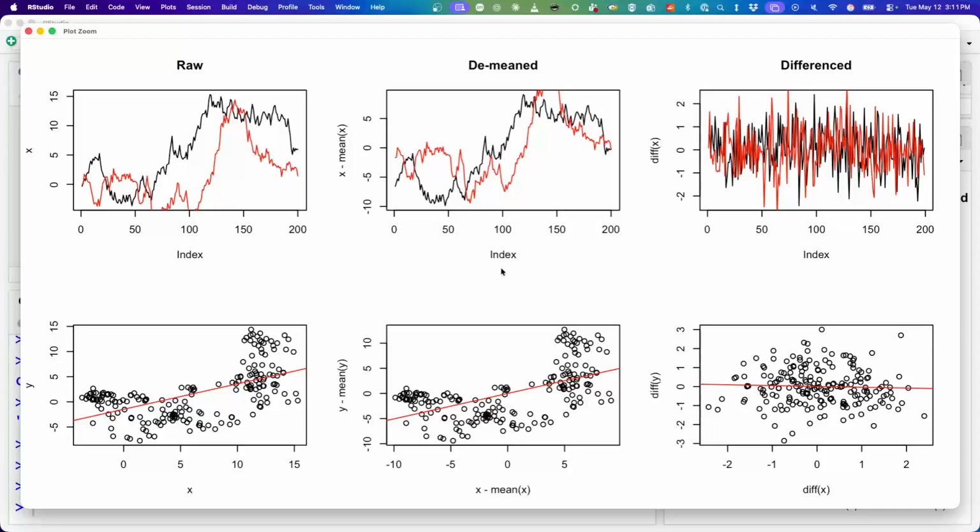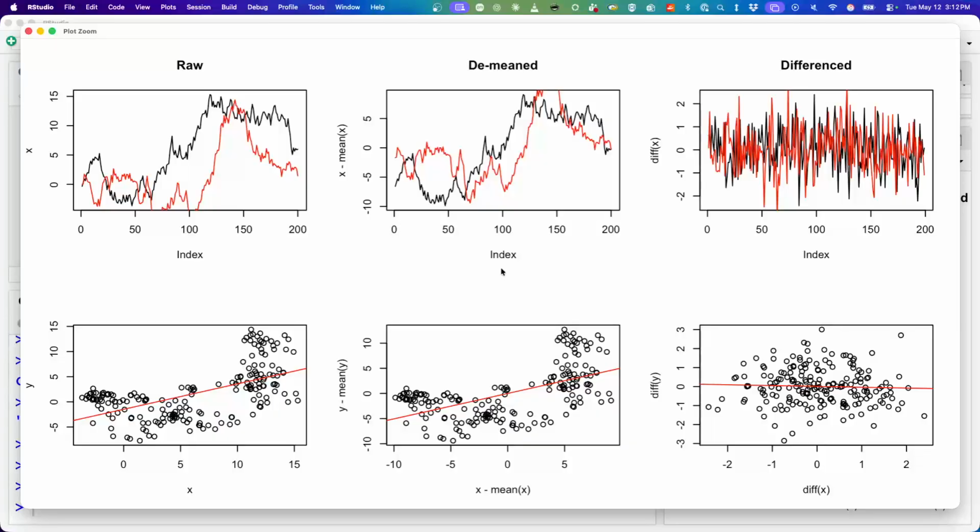Now, if I apply a transformation to the data so that I demean it, so I subtract away the mean value across y and across x from each respective data point, we get the middle one, where the black is the demeaned x values and the red is the demeaned y values.